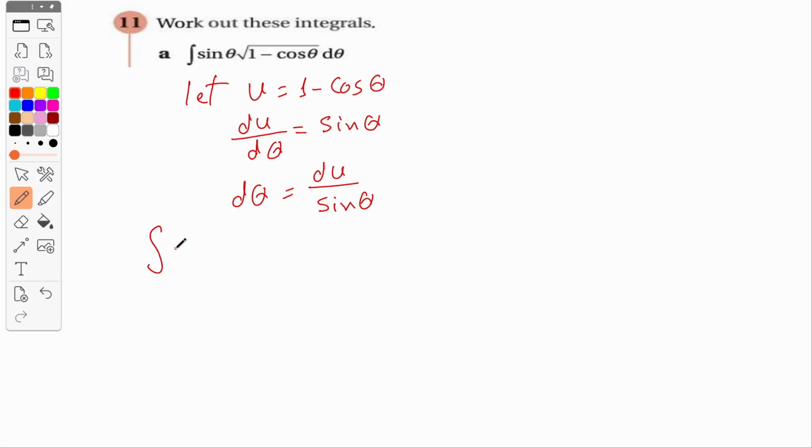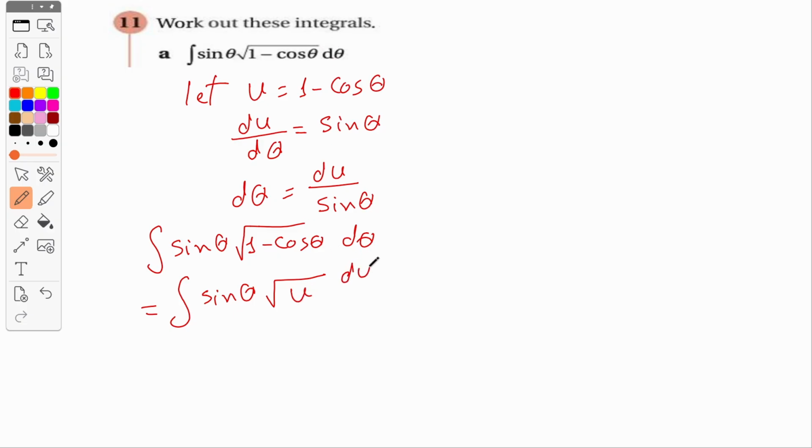So we say the integral of sine theta square root of 1 minus cosine theta d theta equals what? The integral of sine theta as it is, the square root 1 minus cosine theta, that is u. And instead of this d theta, we write it as du over sine theta. This sine and this sine will be cancelled. So this one will be the square root of u, means u power of half du.